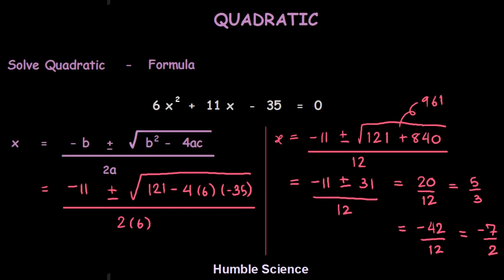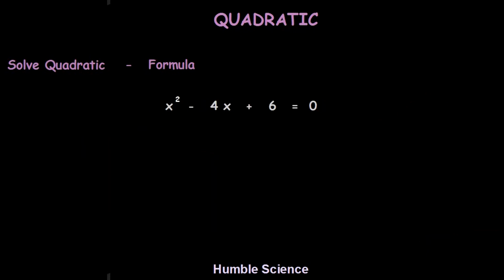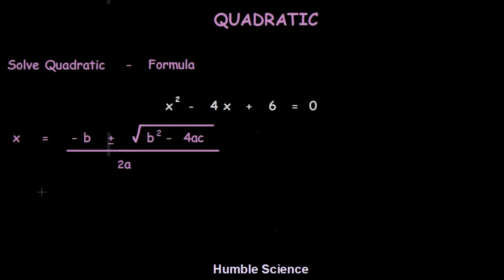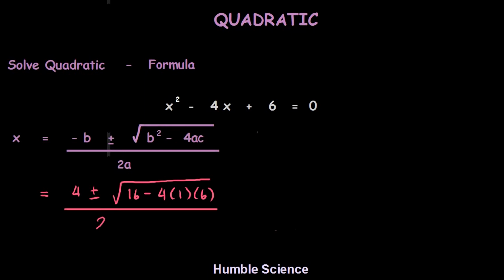Let's take a look at another example. Here we have x squared minus 4x plus 6 equal to 0. Again, we're going to try using this formula to solve for x. And x is going to be equal to 4 plus or minus the square root of 16 minus 4 times 1 times 6, divided by 2 times 1.